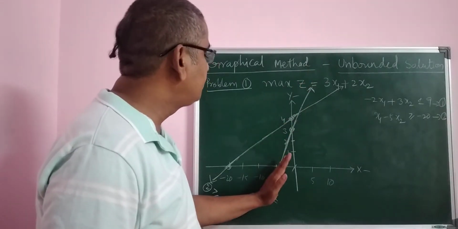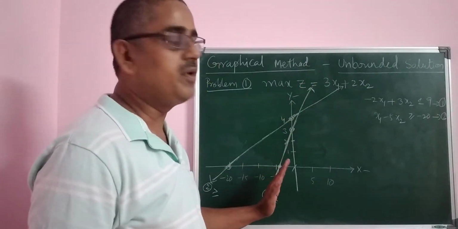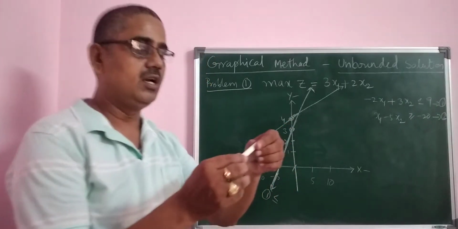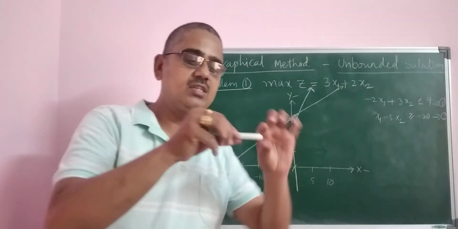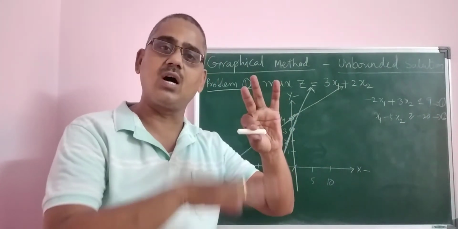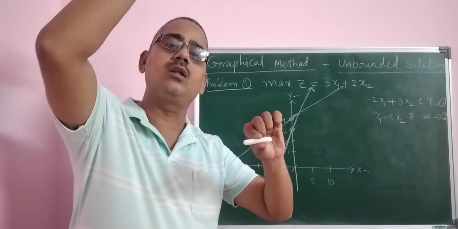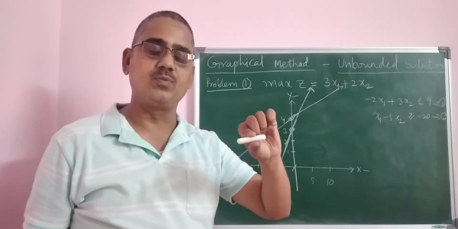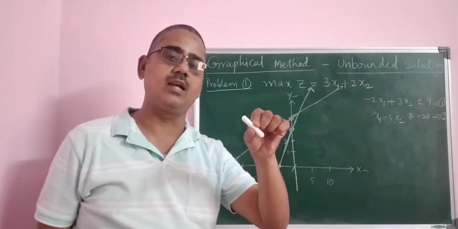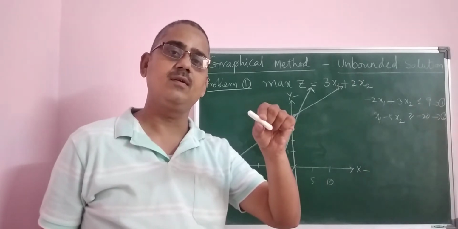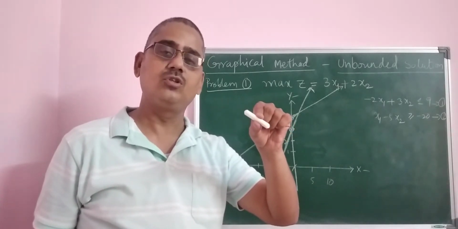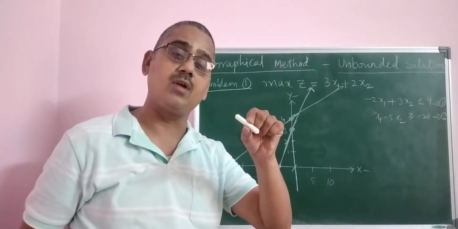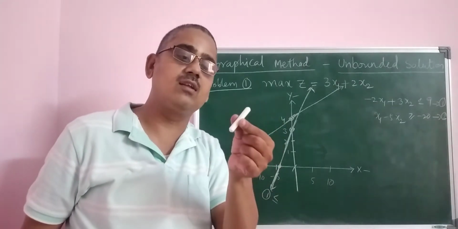If this is the line, less than or equal to means towards the earth, greater than or equal to means upside, above the line, and that we can easily specify. But for a line like this, how can you specify whether this region is towards the earth, or whether the earth is in this region? That is the difficulty.